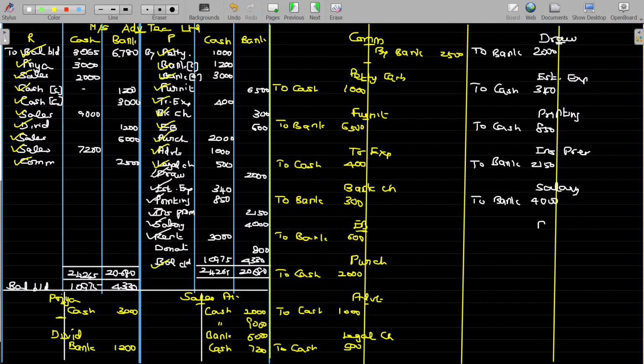Rent account paid by way of cash, so to cash, the value being 3000. Donation 800 rupees, the payment by check, so to bank.